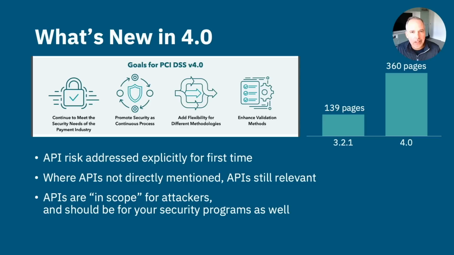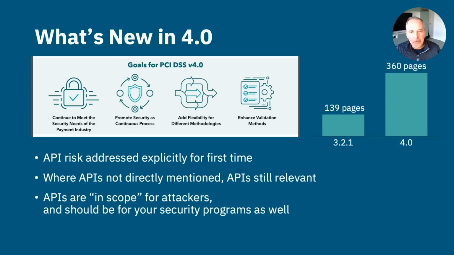The PCI Security Standards Council has outlined 4 primary goals for the new 4.0 standard, starting with, of course, continuing to meet the security needs of the payment industry, promoting the concept of security being a continuous process, not a one-time or periodic assessment, adding flexibility for different methodologies and recognizing that not all organizations do things the same way. So DSS 4.0 provides some options for compliance in certain requirements. And finally, to enhance validation methods, being more explicit about what compliance looks like and how to assess it.